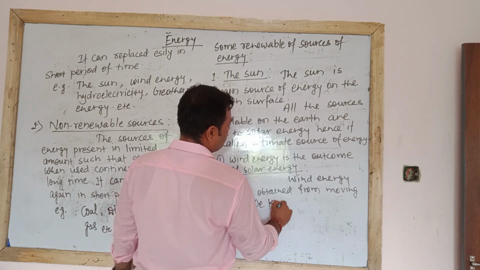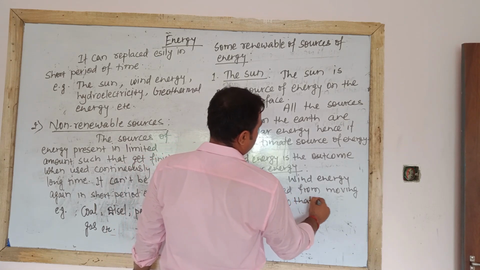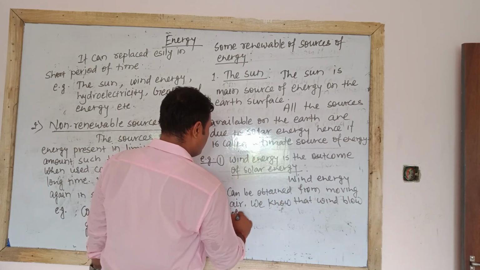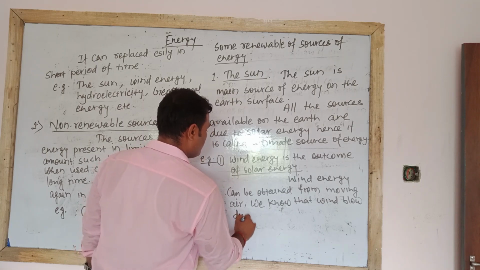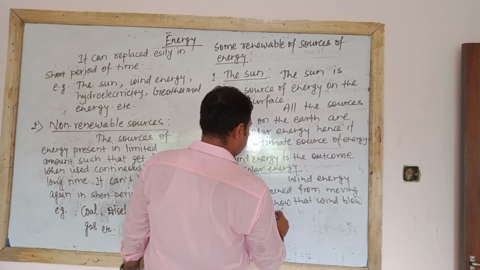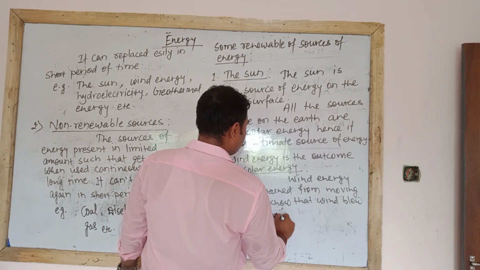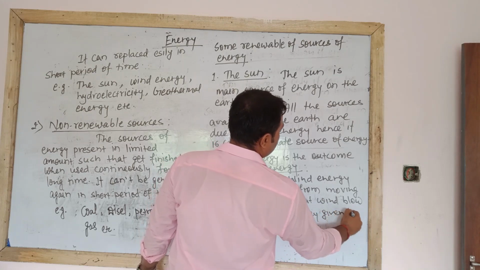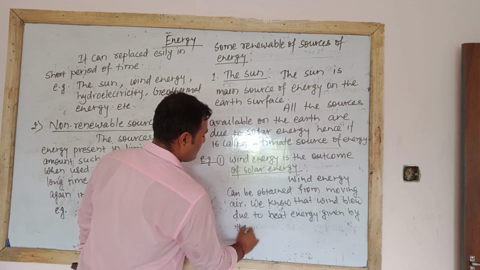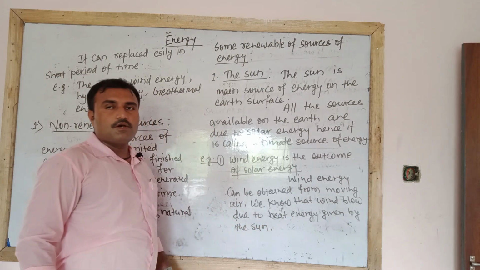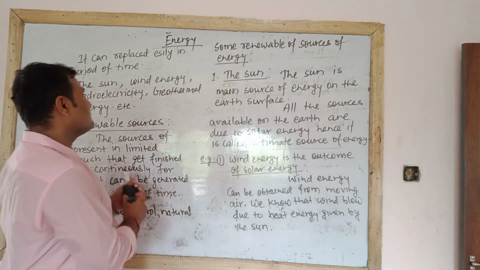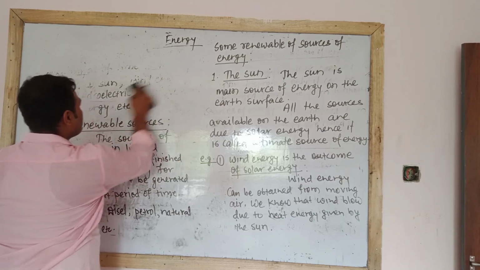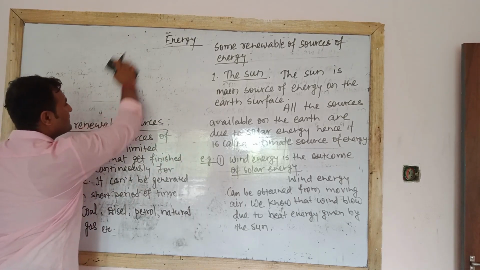We know that wind blows due to heat energy given by the sun, and in this way we show that wind energy is the outcome of solar energy. Similarly, we can show that hydroelectricity is also an outcome of solar energy.